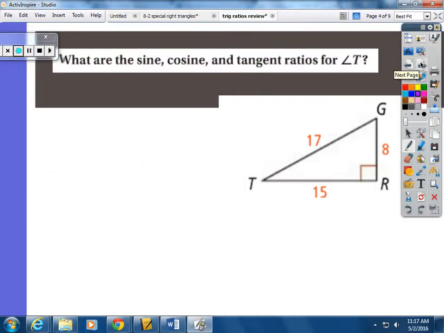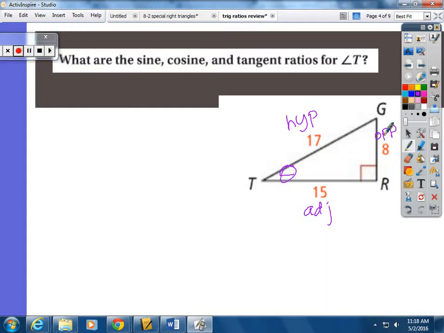So to use the ratios you just learned, what are the sine, cosine, and tangent ratios for angle T? Angle T is my theta. We always start with our hypotenuse because that's opposite your right angle. Adjacent is the leg touching T, so ADJ goes here. This will be my OPP, or opposite.